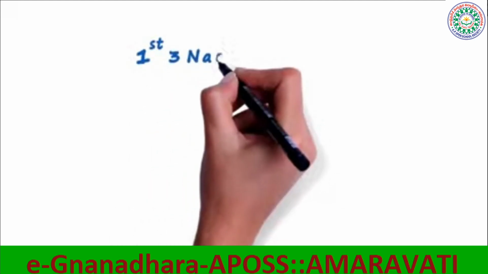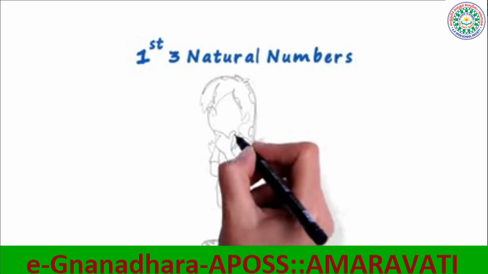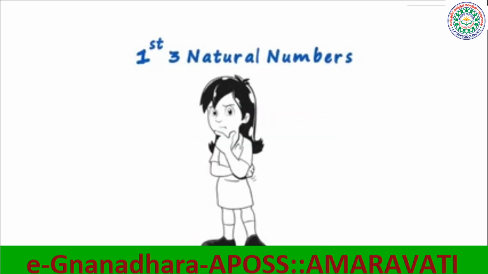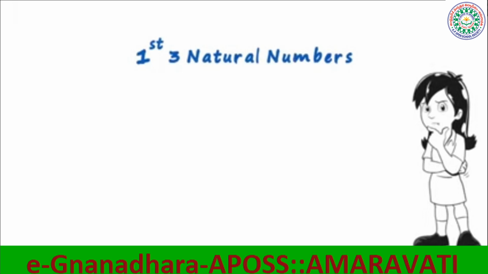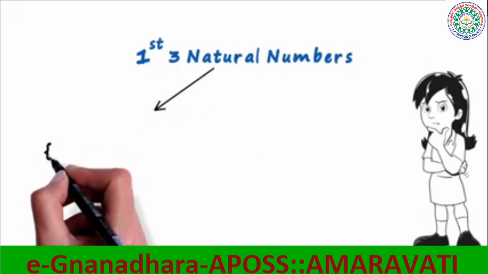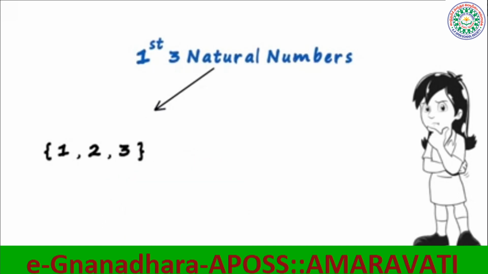How do we represent a set of the first 3 natural numbers? When we are asked to write a set of elements on a piece of paper, we cannot just write it in a haphazard manner. There are a few defined ways in which we can represent sets. Let's see one of the ways in which we can write it. Open the brackets, 1, 2, 3, and close the brackets.